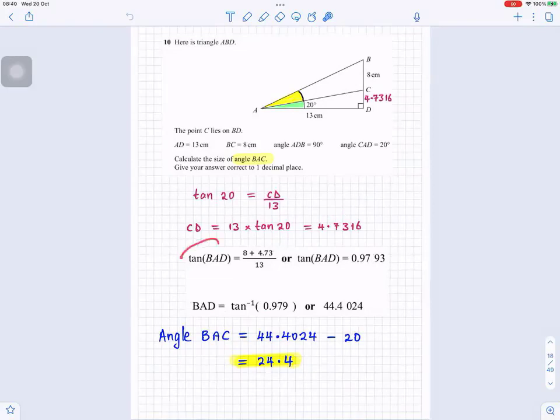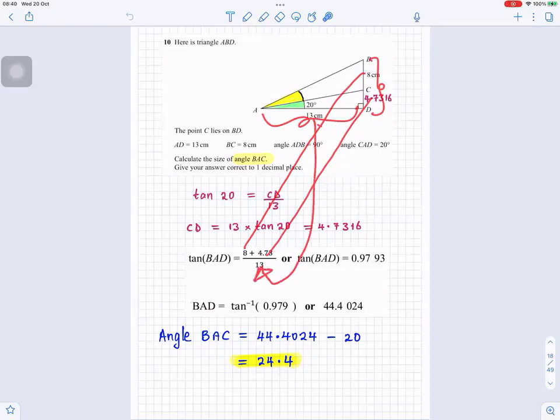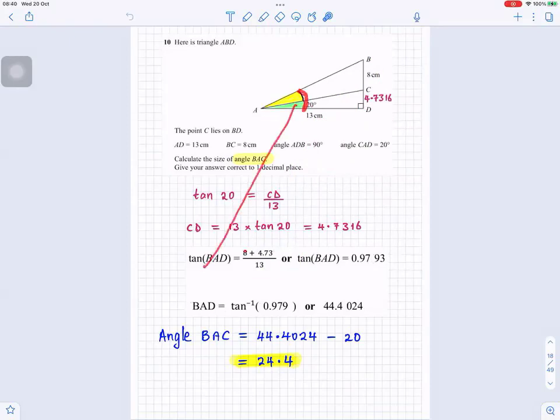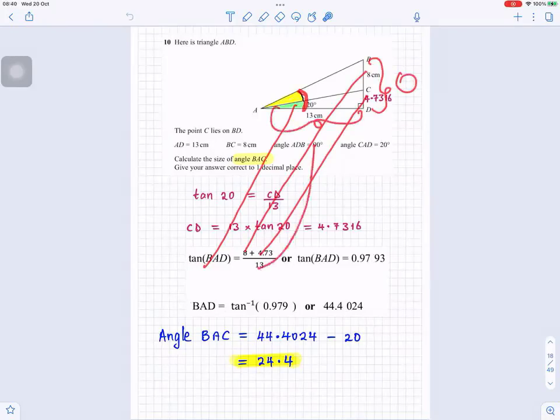And you can use tan BAD is equal to 8 plus 4.73, because that's the opposite, divided by the adjacent, which is 13.